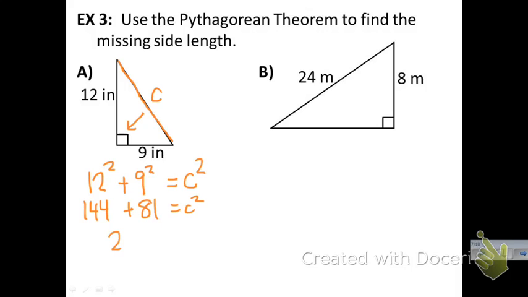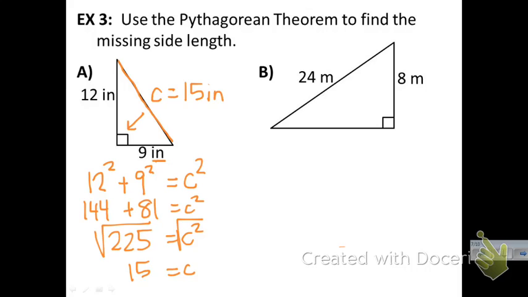We add those, get 225. Now, it's not looking for c squared, it's looking for c, so to find c, we take the square root, the opposite of squaring, and the square root of 225 is 15. So c is 15 inches. We're going to use those same units.